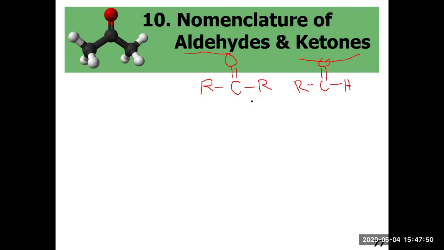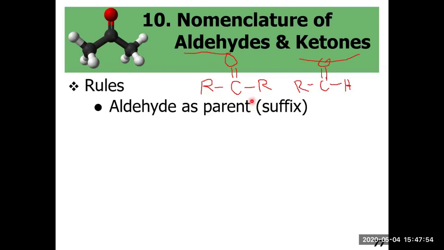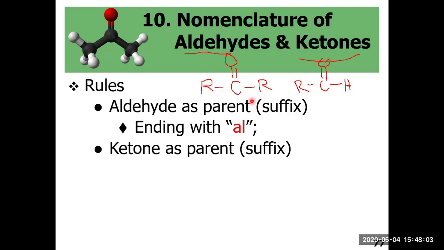Okay, so how do we give names for aldehydes and ketones? The rules are as follows. If we have an aldehyde, then the parent suffix should end in -al. Now, if we have a ketone, then the parent suffix should end in -one.